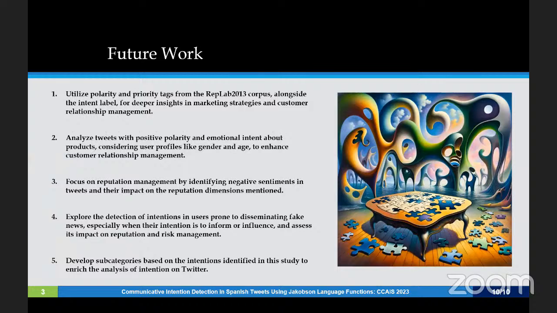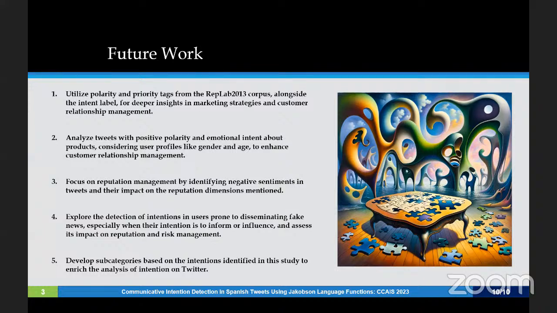And we consider the next future work. Utilize polarity and priority tags from the RepLab 2013 corpus alongside the intent label for deeper insights in marketing strategies and customer relationship management.